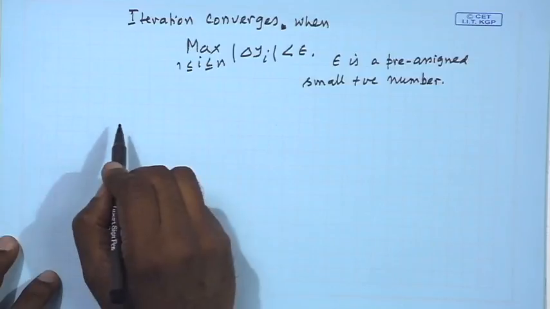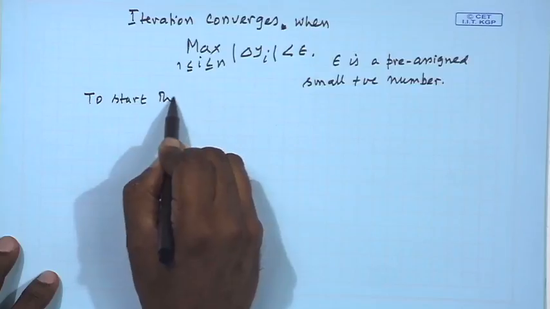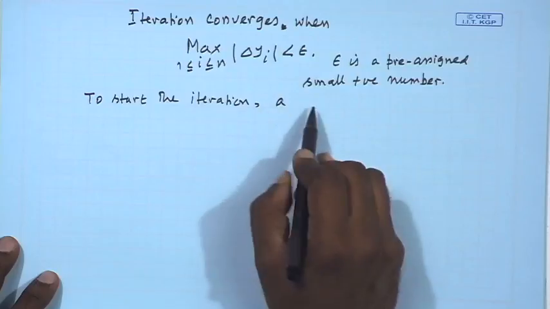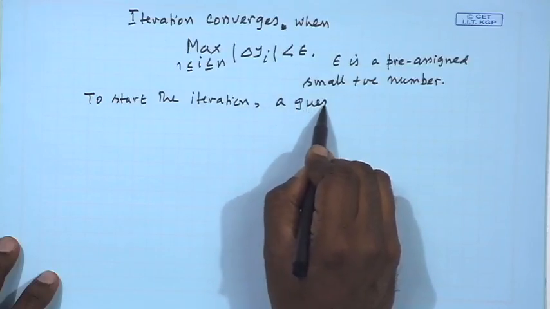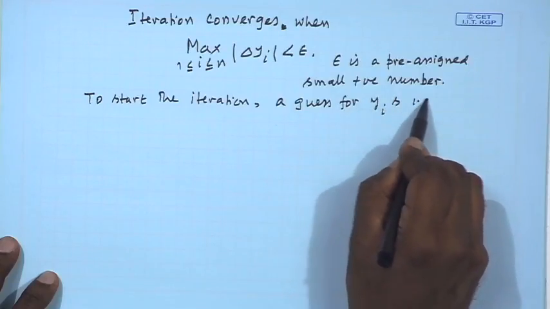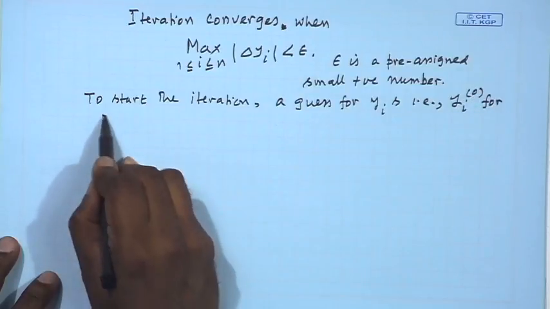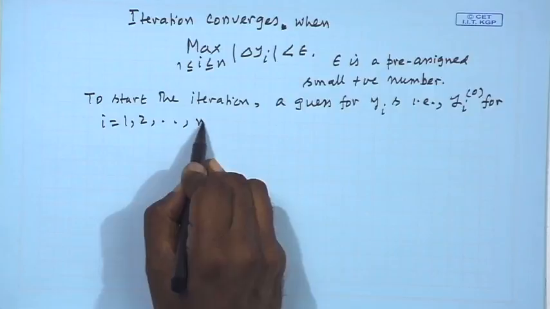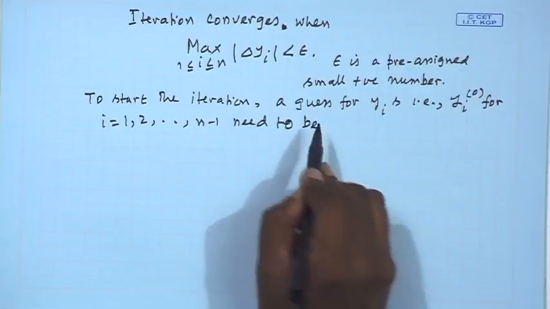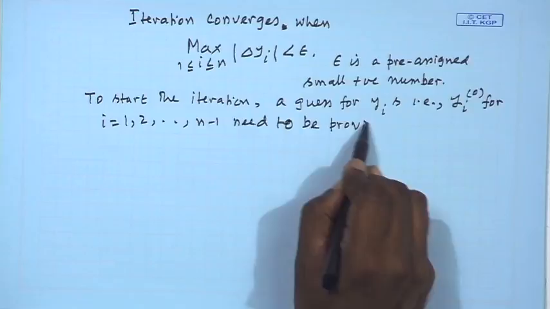Now, here we can see that to start the iteration, a guess for yi's, that is yi 0, for i equal to 1, 2 up to n minus 1, needs to be supplied, provided or assumed.